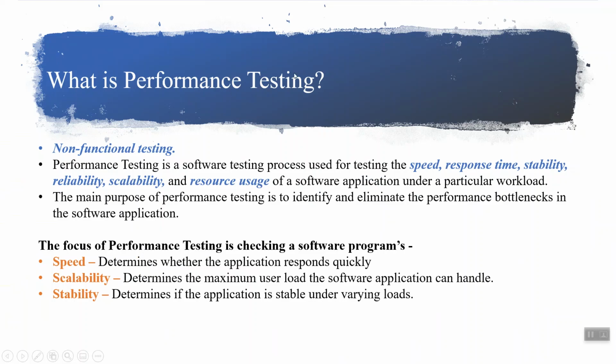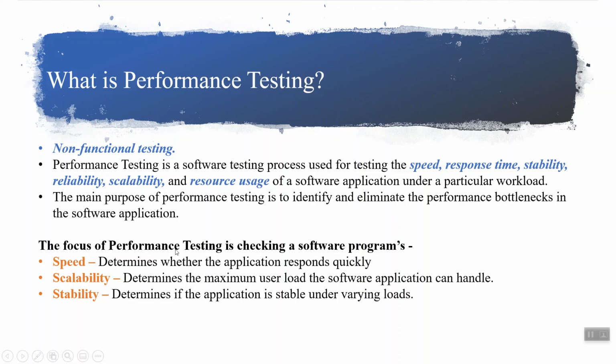What is performance testing? Performance testing is a non-functional testing type, and it is also a software testing process used for the testing of speed, response time, stability, reliability, scalability and resource usage of a software application under a particular workload. So the main purpose here for the testing is to identify and eliminate the performance bottlenecks in the software application.